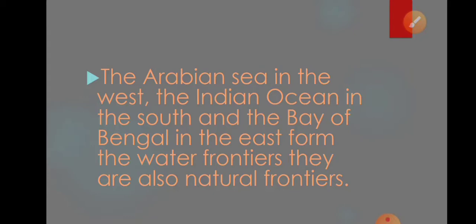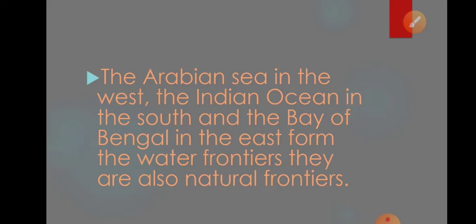India has both land and water frontiers, children. About 15,200 kilometers of land frontiers are there. There are natural frontiers also: the Himalayan ranges form a natural frontier in the north between India and China.